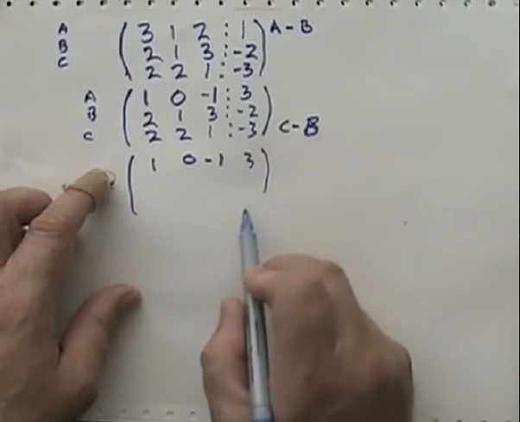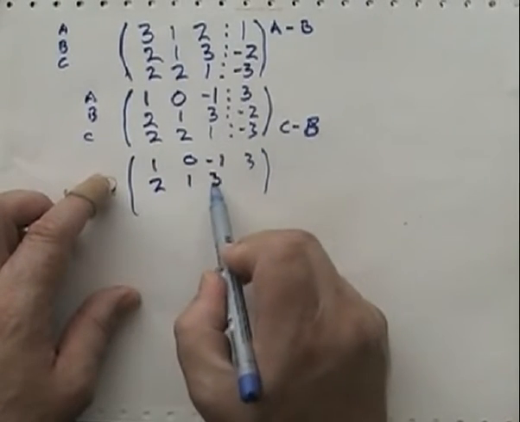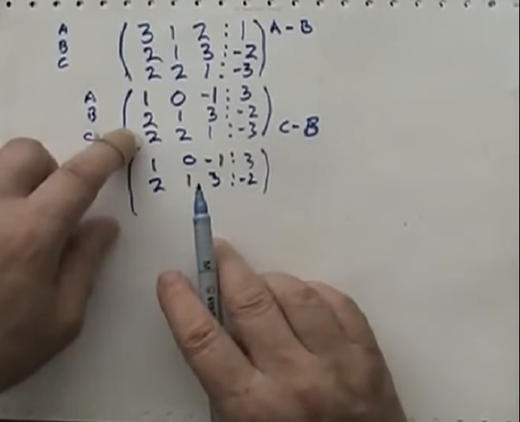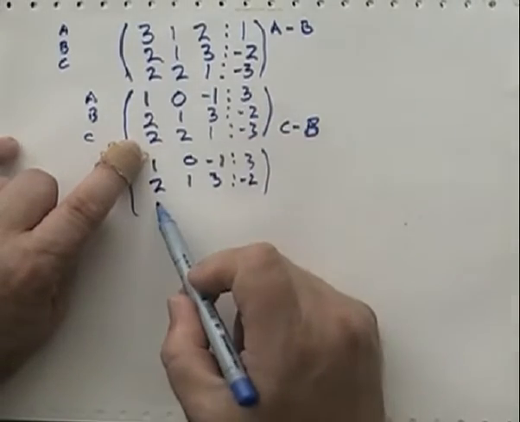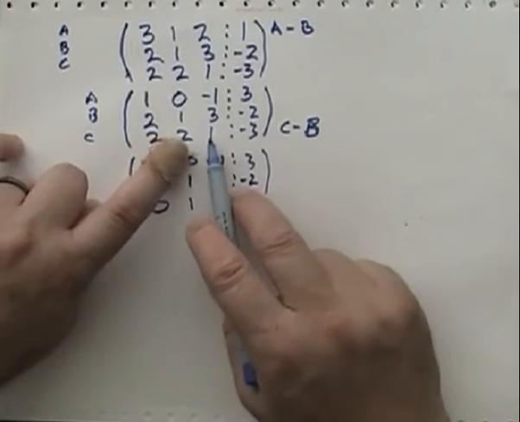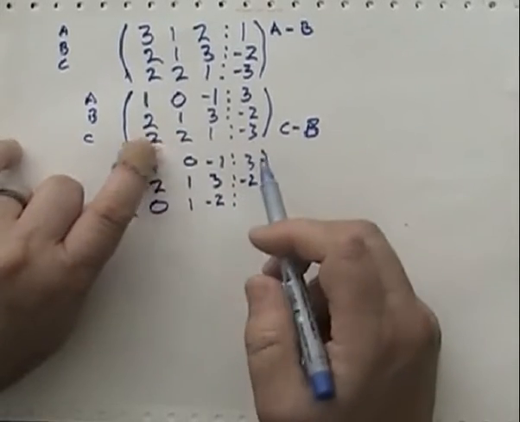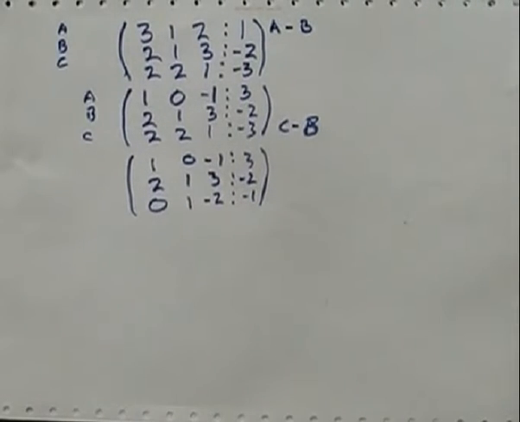I'm not changing the second row: 2, 1, 3, -2. But row C is going to be 2 minus 2 is 0. 2 minus 1 is 1. 1 minus 3 is -2. And -3 minus 2 is equal to -5, because remember, minus is plus.